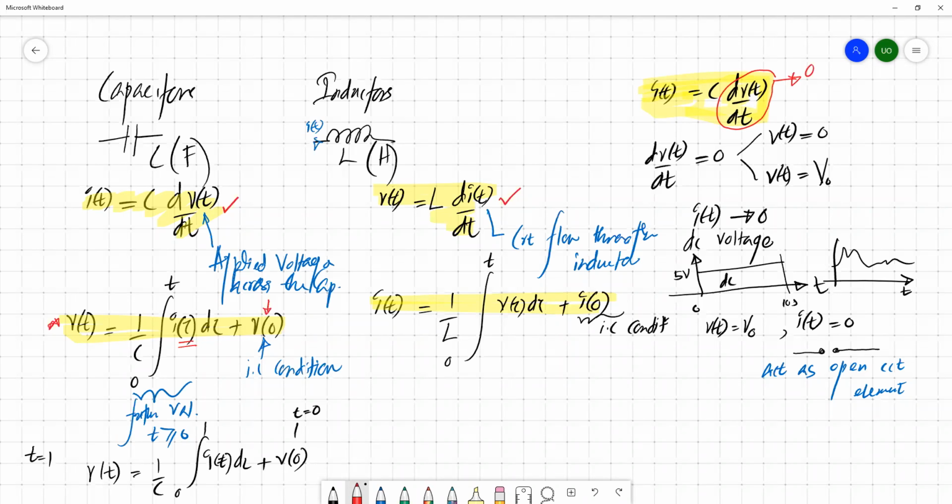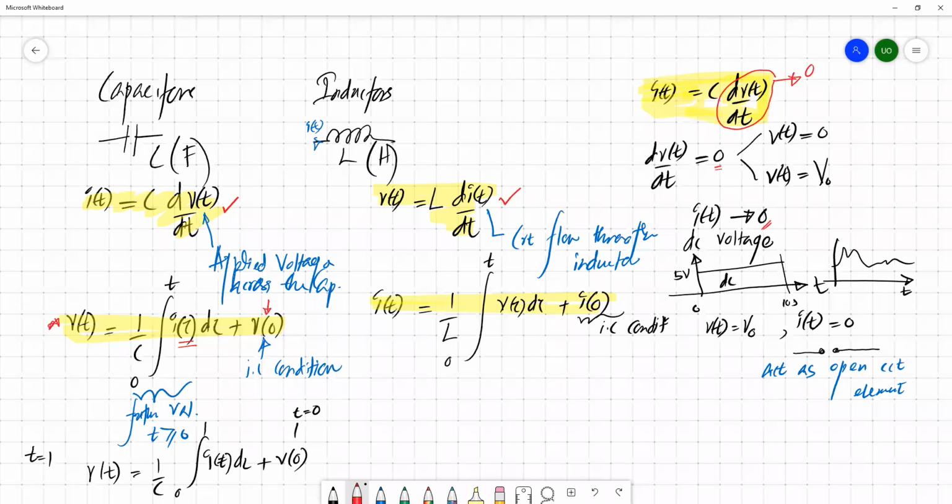Then you don't have any current here, because once the derivative goes to zero, C times zero gives zero. So the current would definitely be zero.